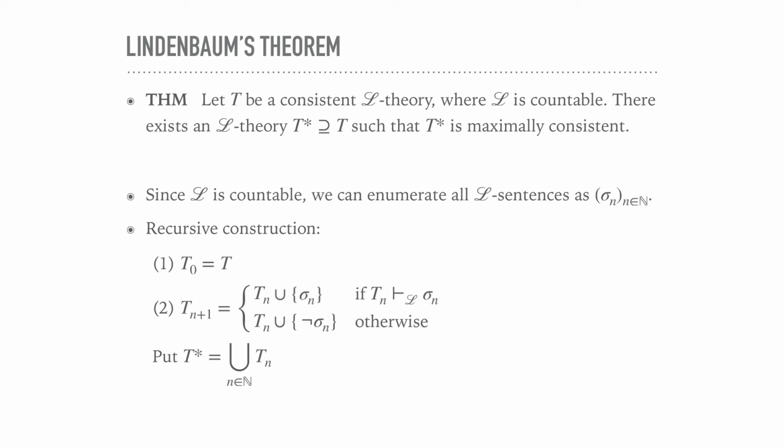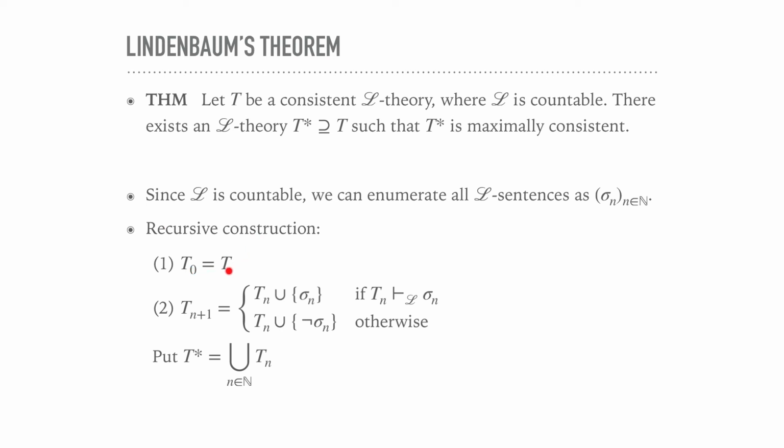Since L is countable, in order to prove this, we can enumerate all L sentences as sigma n, where n ranges over the natural numbers. If L is countable, there are indeed only countably many L sentences. And then we do a recursive construction.